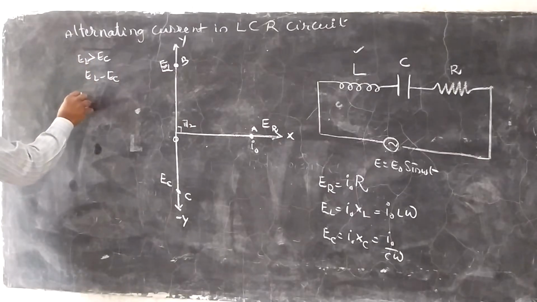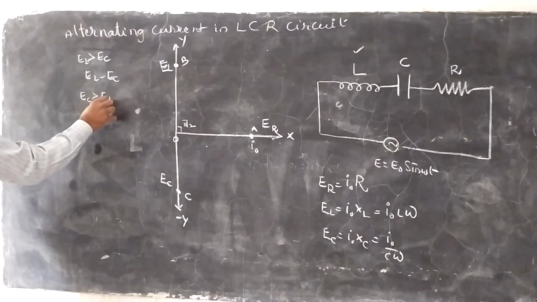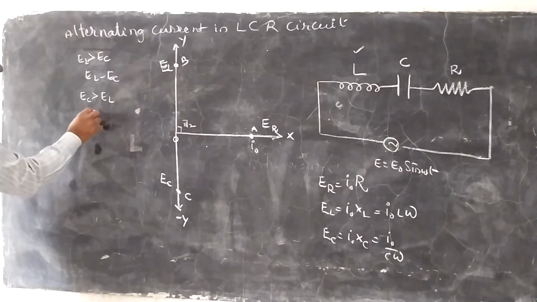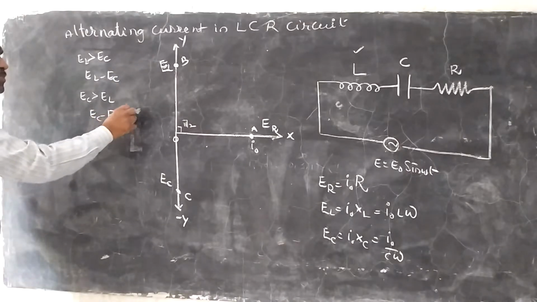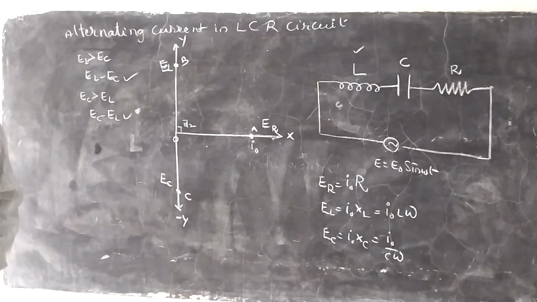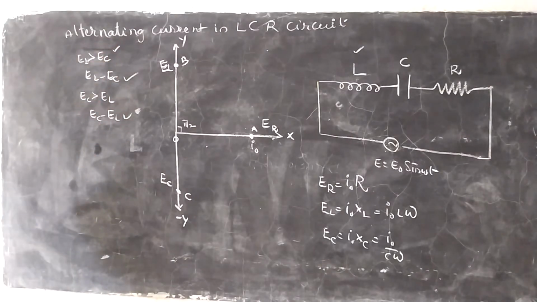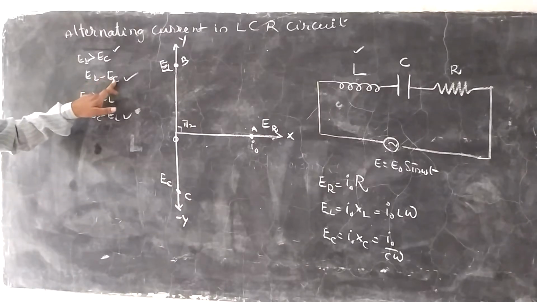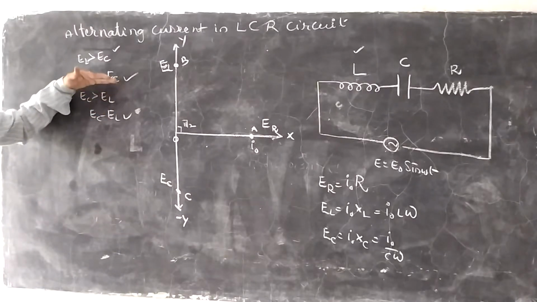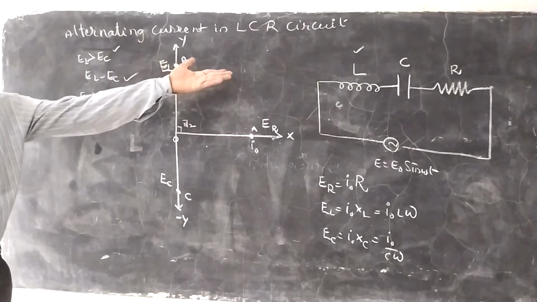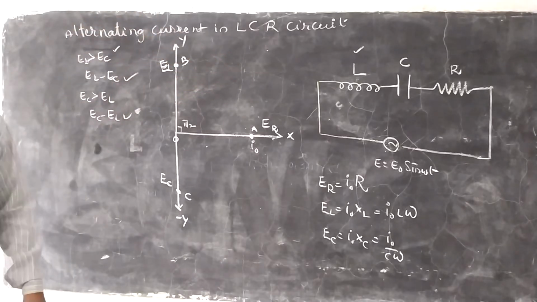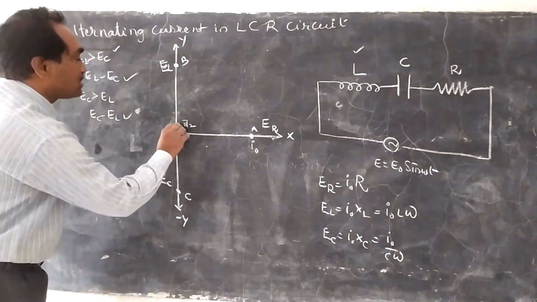If EC is greater than EL, the resultant voltage is EC minus EL. Both of them are correct. If the first case is right, that is EL is greater than EC, EL minus EC represents the resultant voltage across the inductance and capacitance, along this direction.